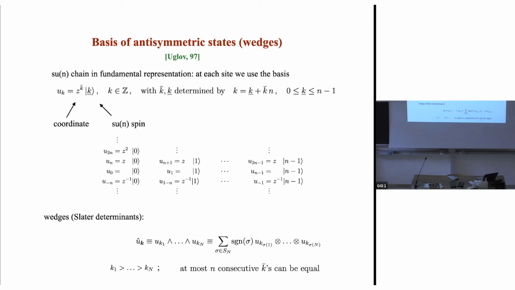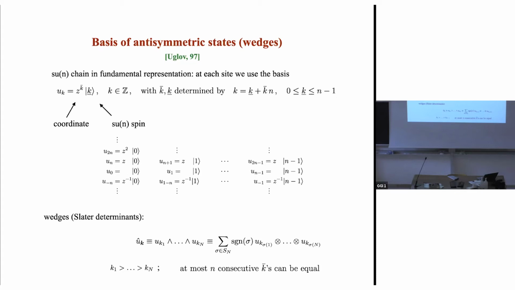So the two types of integers are packed together into this other integer k. For example, to get back the usual representation of states, you see that whenever k is a multiple of n, you will get polynomials times the up state and so on.